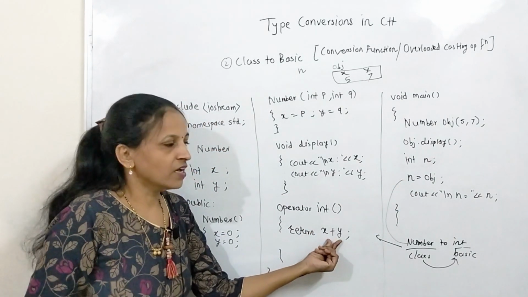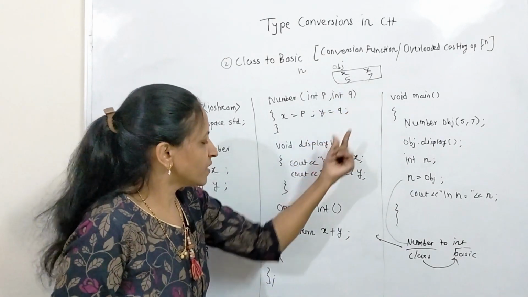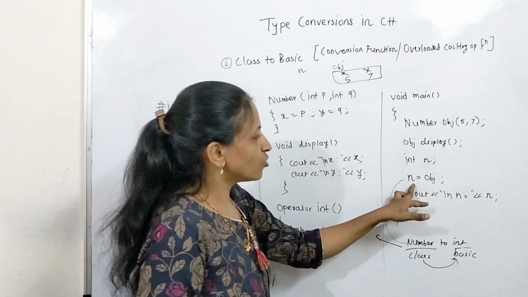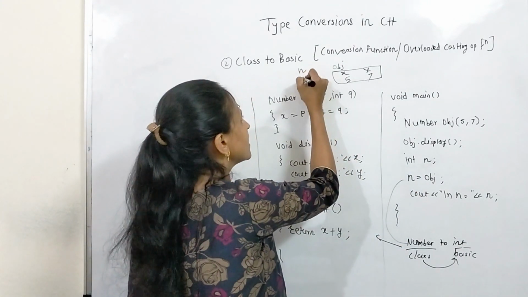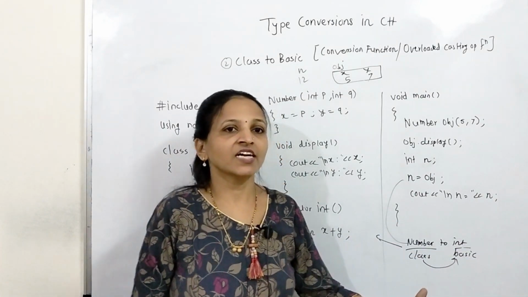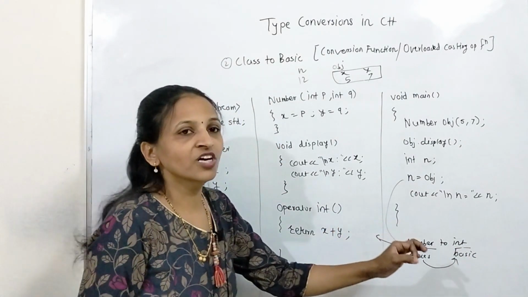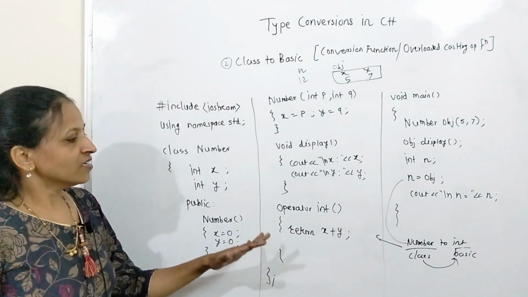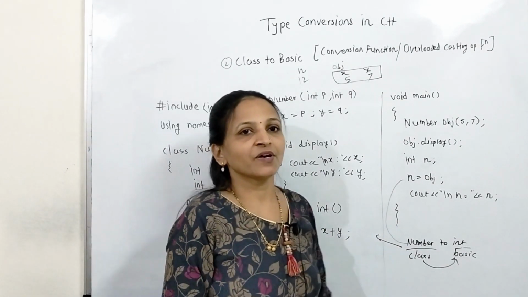Now obj's x plus y, 5 plus 7, will be computed and that will get returned from this function. Automatically the value 12 will get assigned to n. And when this statement is executed, we will get output n is equal to 12. Getting? This is nothing but class to basic type conversion.